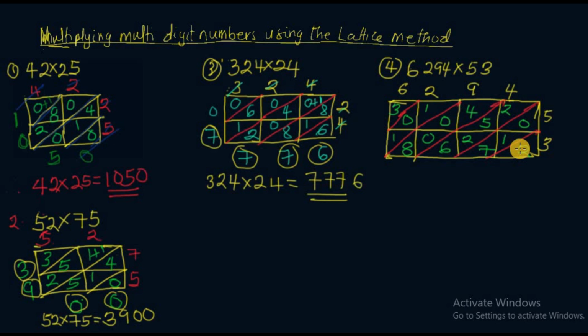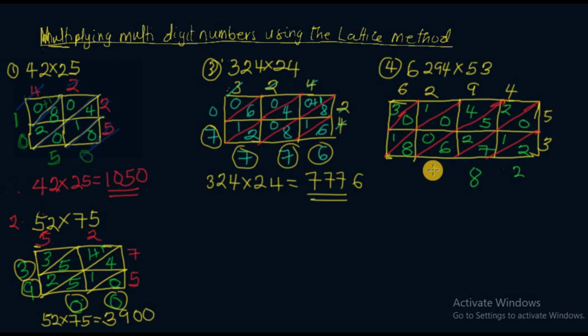The first one is 2. This is going to be 8. 6 plus 2 plus 6 plus 2 is 7 plus 5, 13. 13 plus 2 is 15.